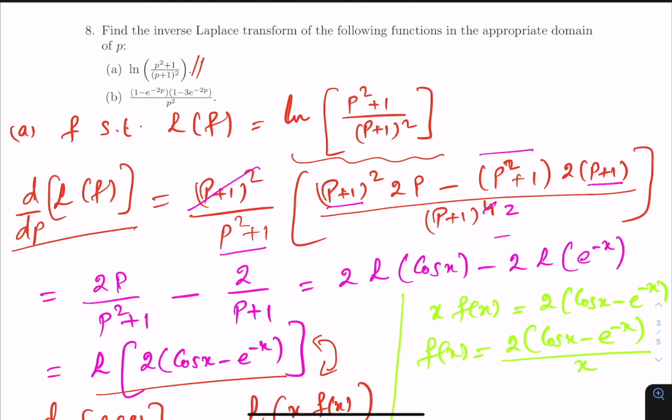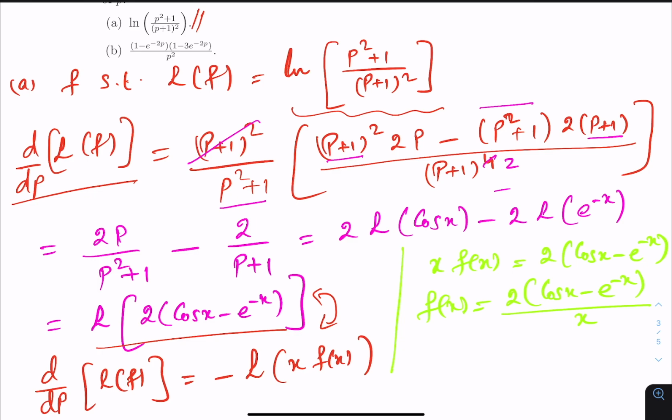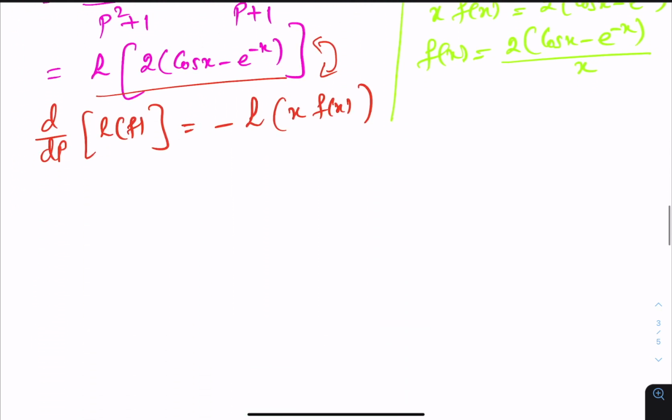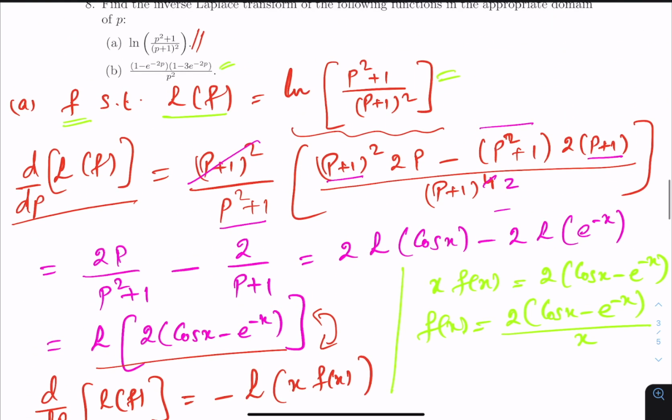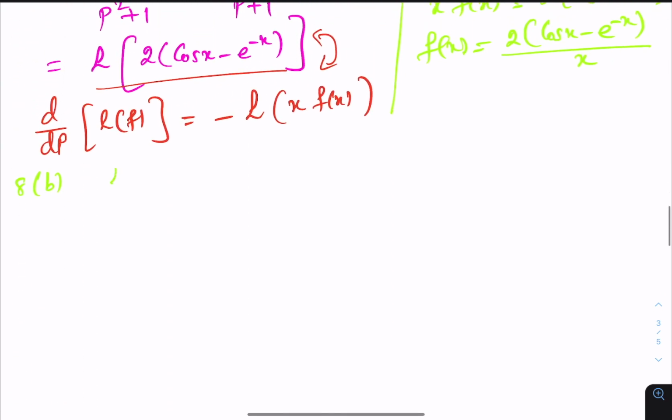Okay, so we have computed the f for which LF is the given function. Now we need to do a similar thing for 8b. So let's do 8b. In 8b we need to find f such that the Laplace transform of f is 1 minus exponential of minus 2p, 1 minus 3 times exponential of minus 2p, over p square.